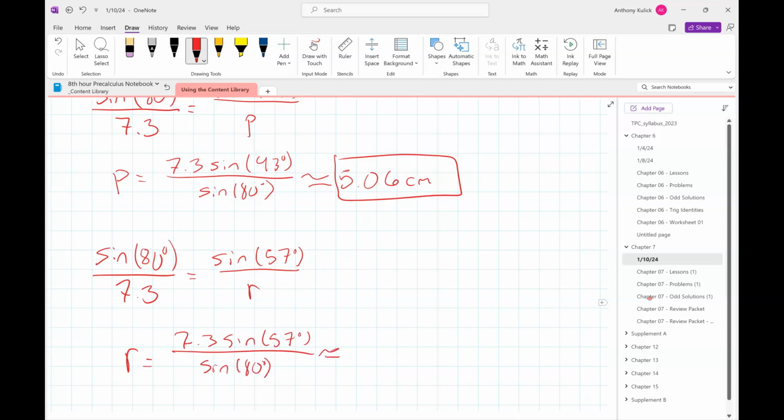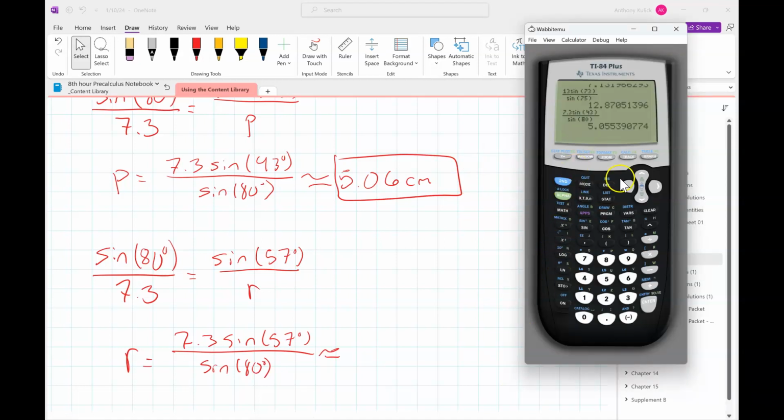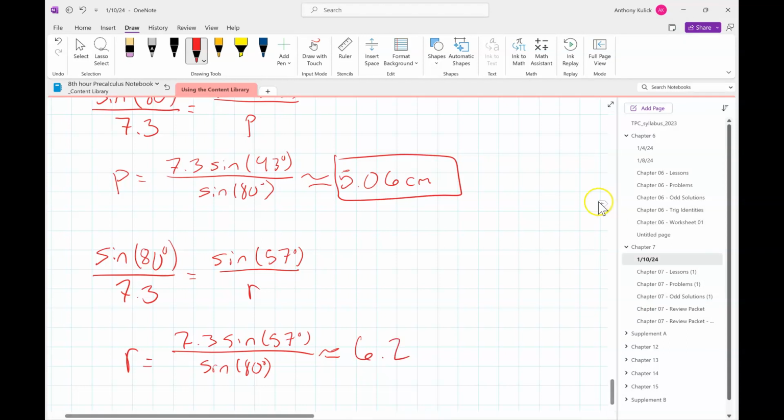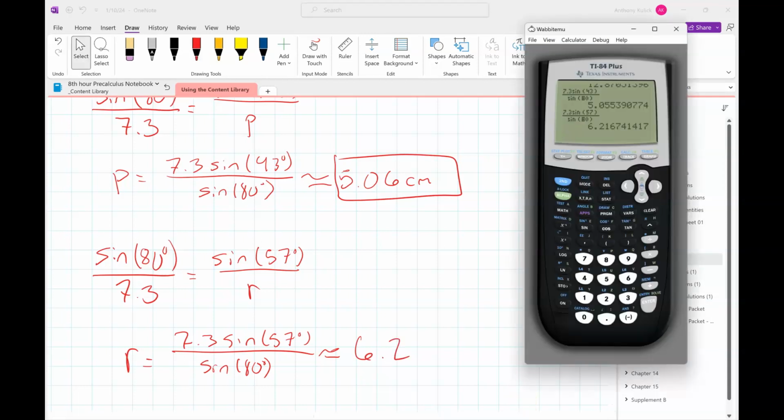Again, I'm doing the cross multiply and divide all in one step. If you are not comfortable doing that, write out more work. You don't have to be fancy. You don't have to do it all in one step. Mr. Kulik's done literally thousands of problems like this, so he feels really comfortable with the process. If you're not there, do the cross multiplication step as a separate step. Do the division as a separate step. Make sure you have the things in the right places. And that is 6.22.